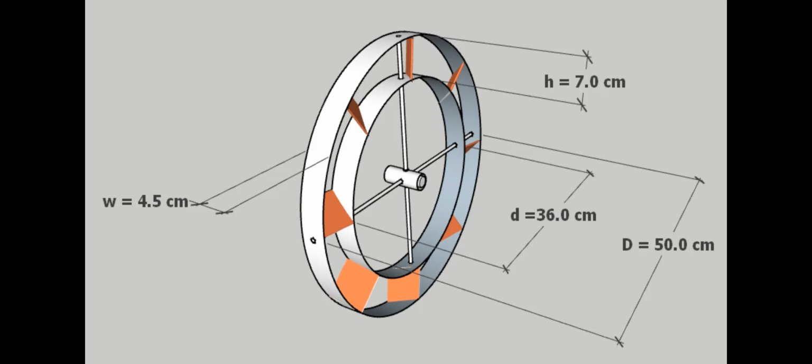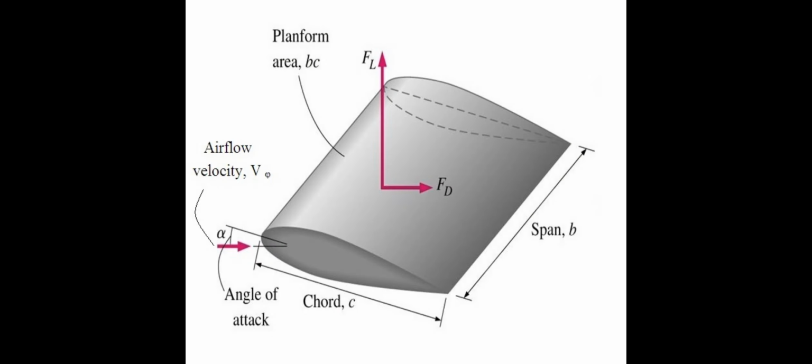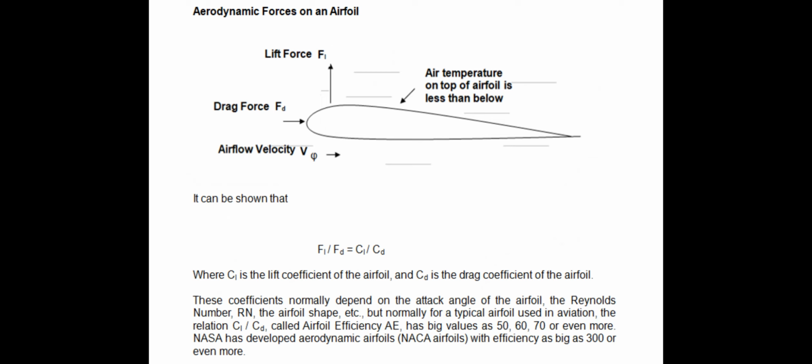Due to the way the airfoils are placed in between the two cylinders, specifically because of the particular attack angle we employ, we make sure that the relationship between the lift coefficient and the drag coefficient of the airfoil, i.e. CL over CD, is relatively high. It can be 10, 20, 50, 100 times.